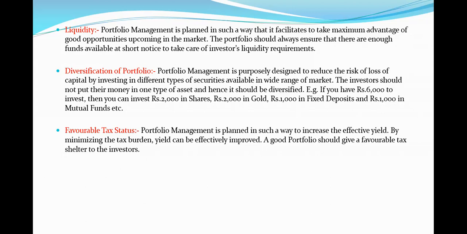So we will suggest you invest in PPF, we will suggest you go for the National Pension Scheme, and we will tell you to invest in Sukanya Samriddhi Yojana. In this way you can do your investments. A good portfolio manager will find out favorable tax shelters for the investor.